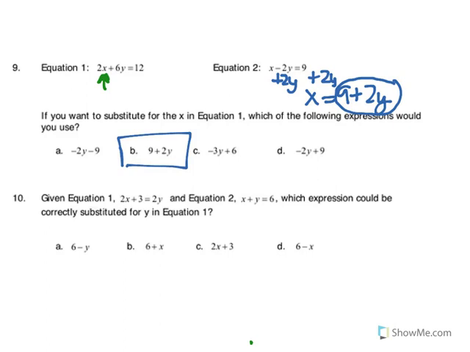Now try the same thing on number 10. You have two equations, and it says which expression could be substituted for y in equation 1. So we want to substitute for this y, which means in this equation it needs to say y equals. So hit pause, try that yourself, and see how you do.